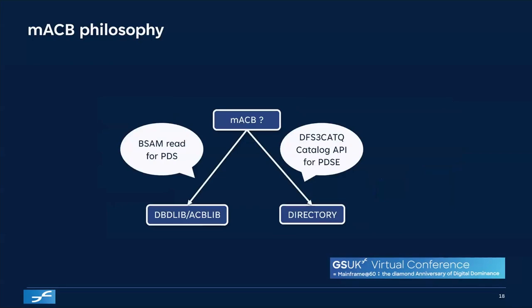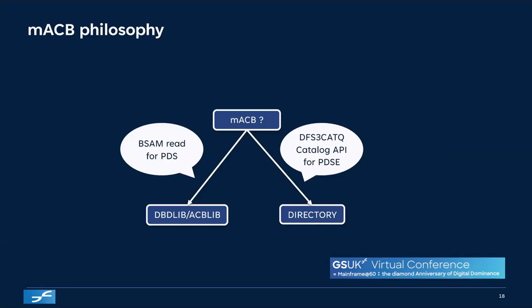So the first step is the determination, and the second step is actually reading the metadata. Once you determine that it's a managed ACB environment, if it's not, then it's a traditional read from DBDLIB or ACBLIB. You could have a read macro or whatever way you read in your application program.